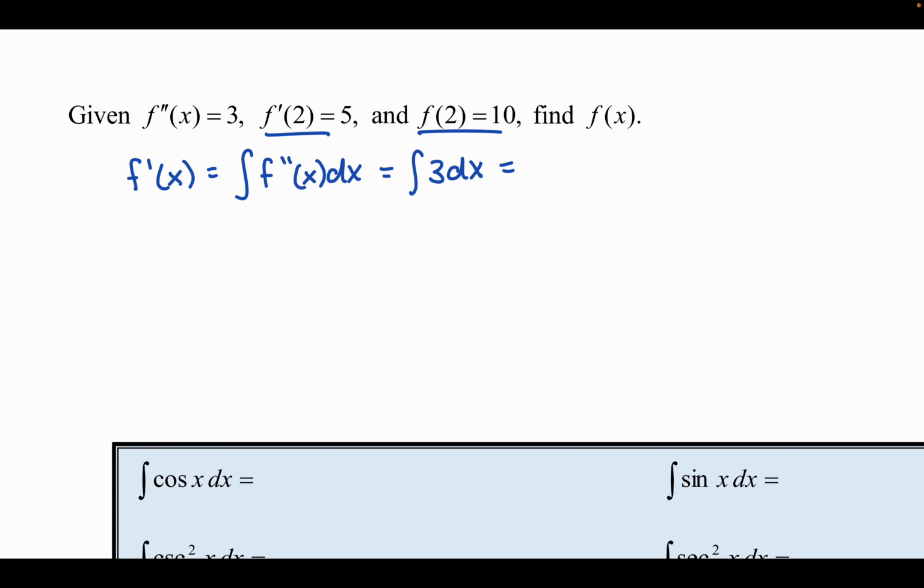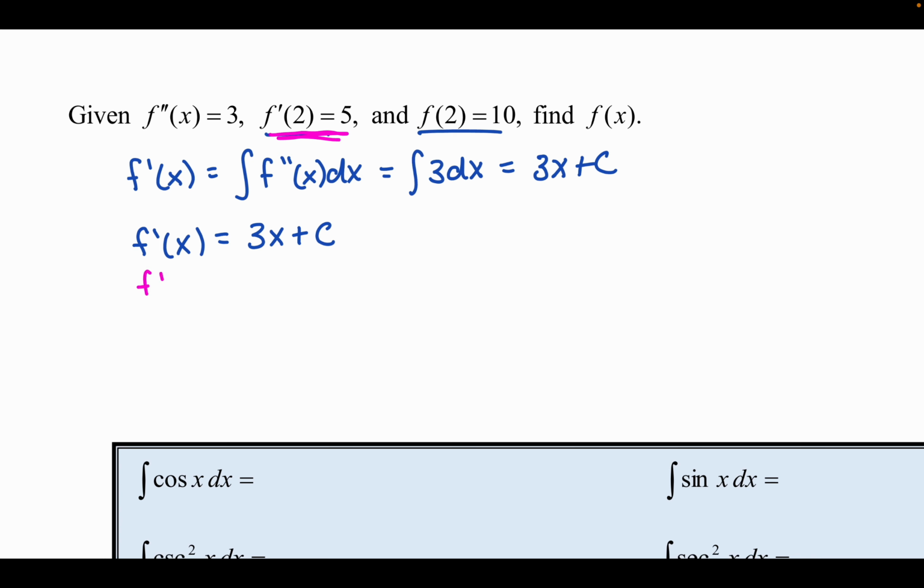And I can find the antiderivative of that. That would be 3x plus c. So I know that f prime of x equals 3x plus c. So what I'm going to do now is use the fact that f prime of 2 equals 5. I'm going to use that to figure out what c is here.